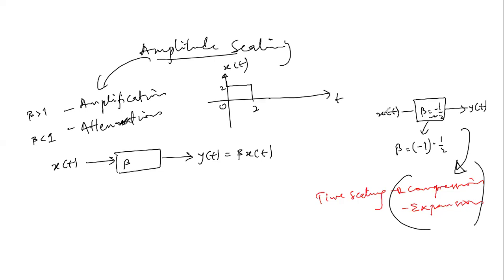So if beta is not a positive value, but yet less than 1, meaning it is -1/2, we can disintegrate this to say this is the same as -1 times 1/2. So it is going to perform both reversal and compression. So, sir, in essence, it's a reverse compressed signal. Exactly. Is that clear? Yes, sir.